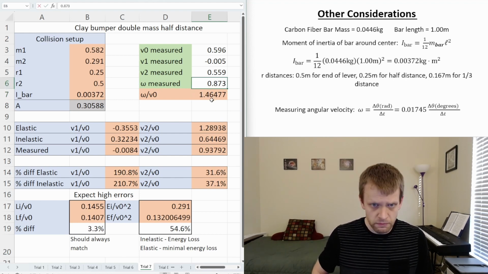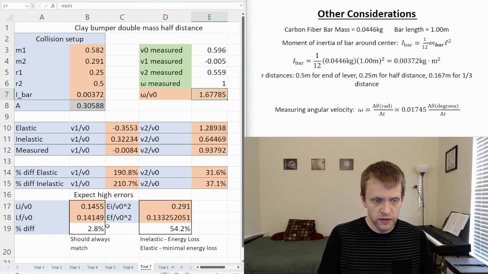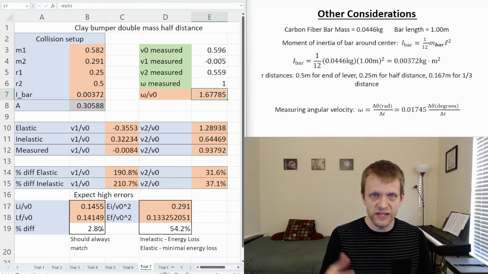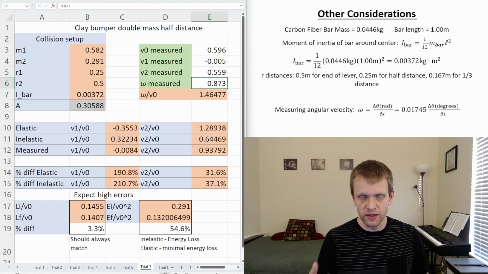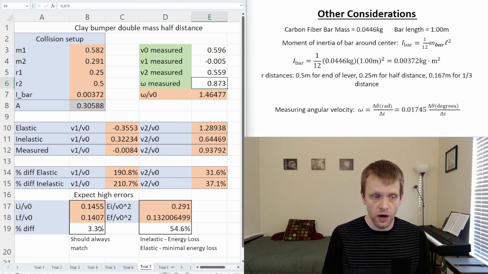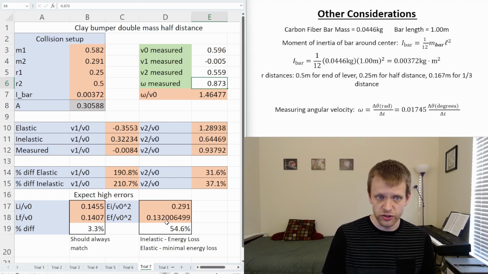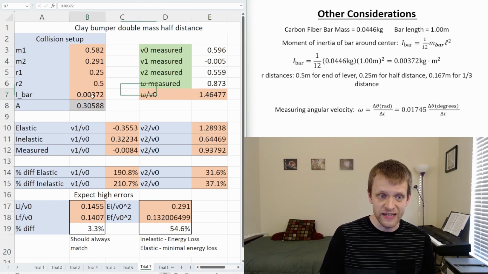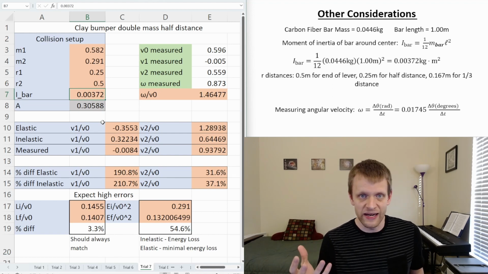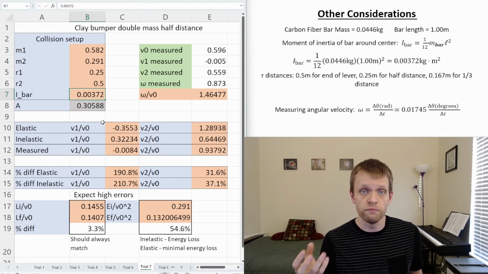If I overestimated it, let's call it 1, for example, we still get pretty similar scales for how far off it throws our angular momentum measurements and our energy measurements. Again, that is because we've got a very low mass bar, a bar with a very low moment of inertia.